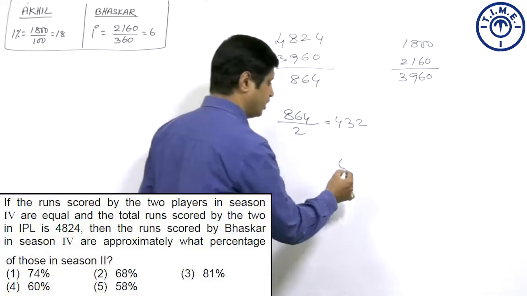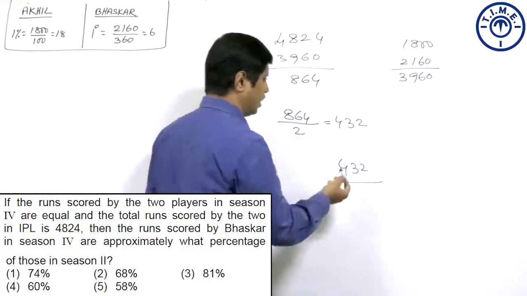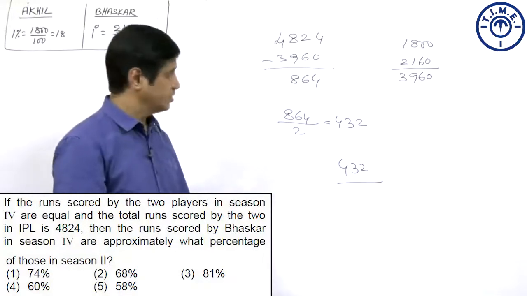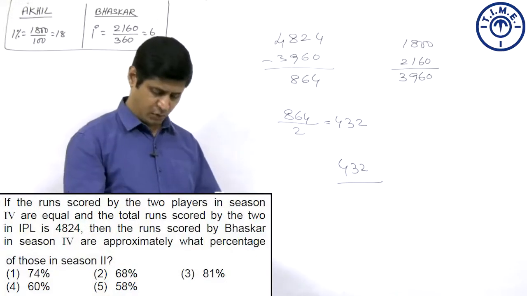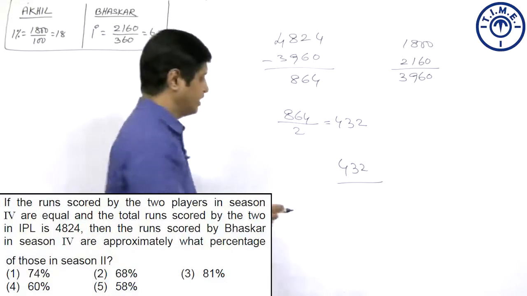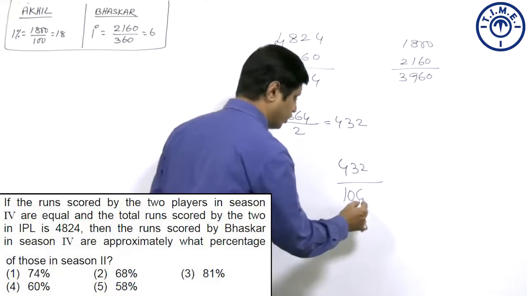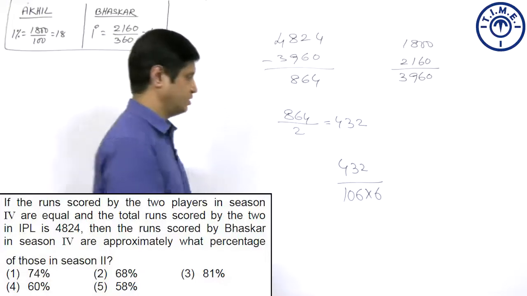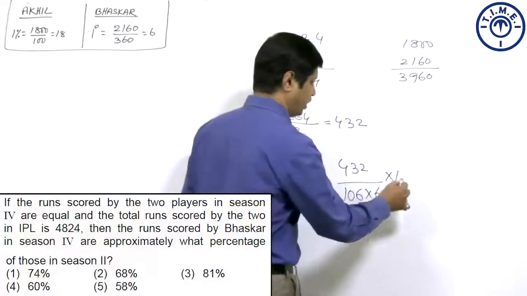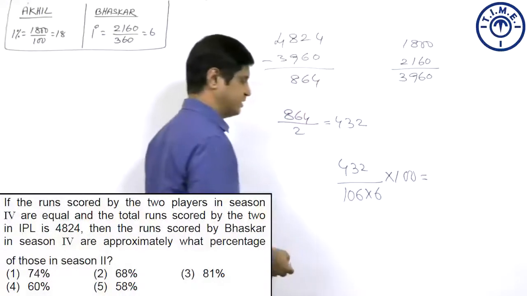So, Bhaskar value here is 432, and what about the season 2 value? The season 2 value of Bhaskar is 106 degree. 106 degree means 1 degree is equal to 6. So, 106 degree means 106 into 6. Percentage means into 100. Simplify, results answer.